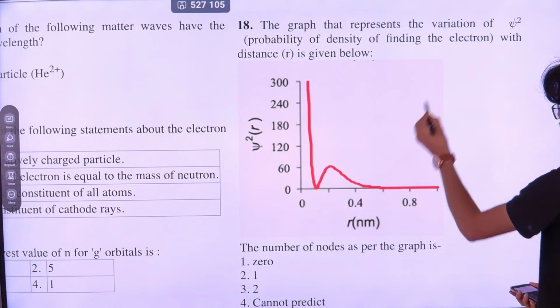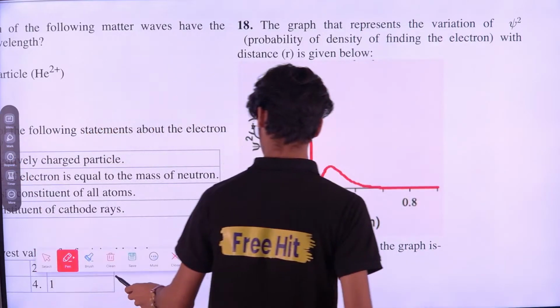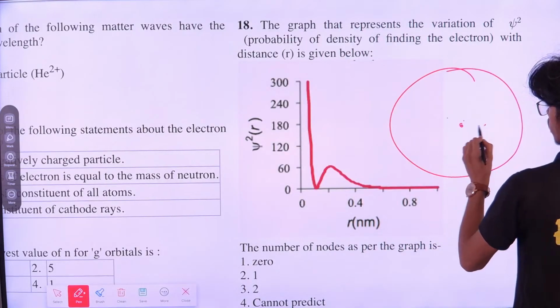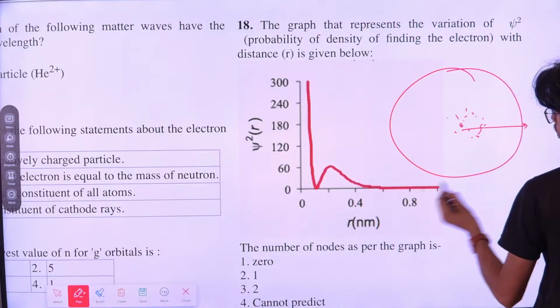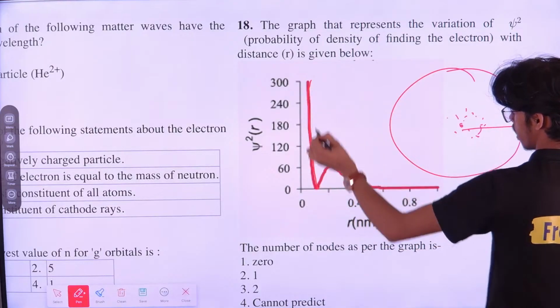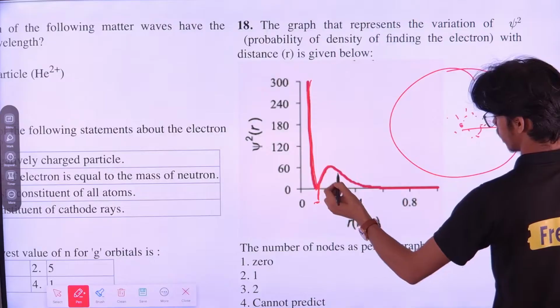So this is the atom, right? And the probability of electrons is found like this with respect to the radius, and this is the probability. Near the atom, the probability is very high. At this point, the probability of finding the electron is 0. The rate increases and then decreases.